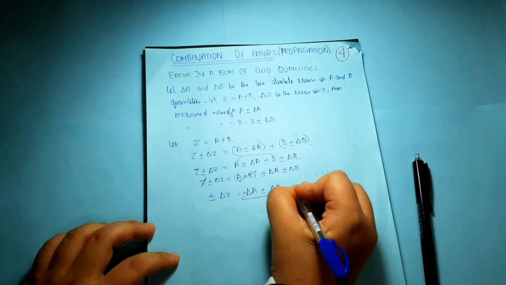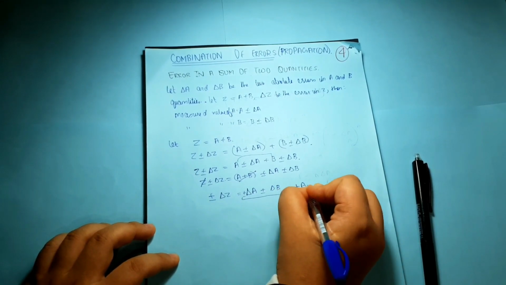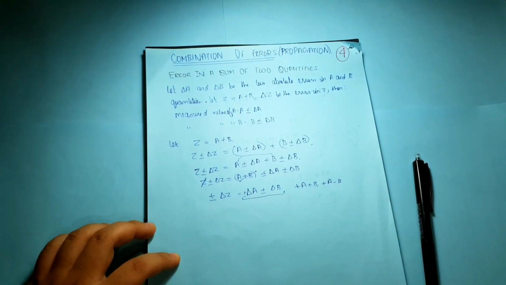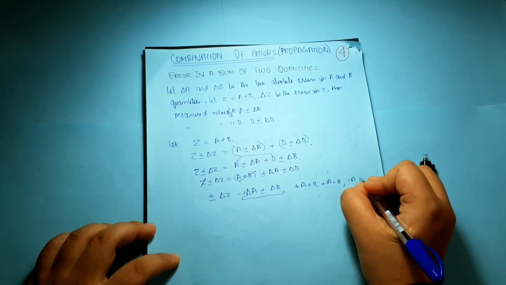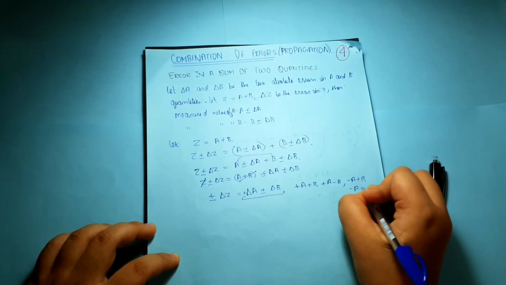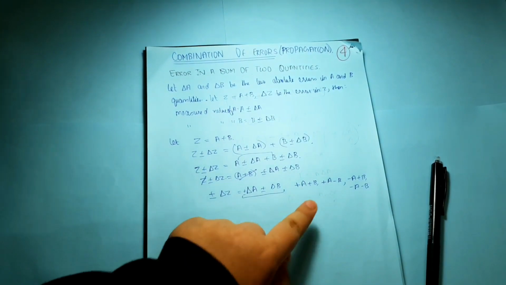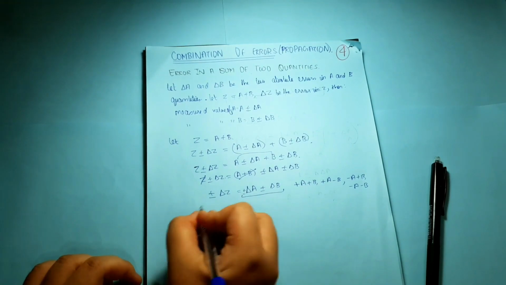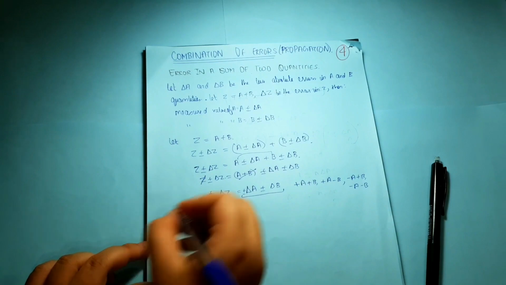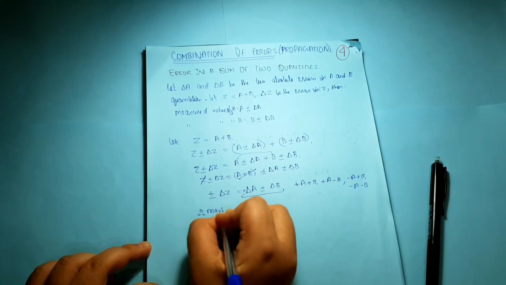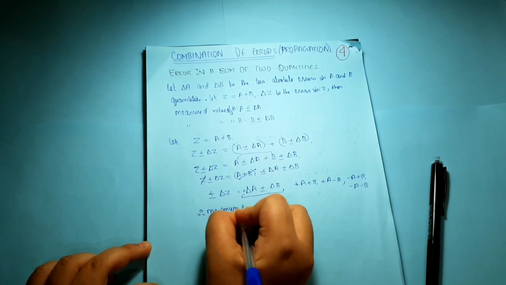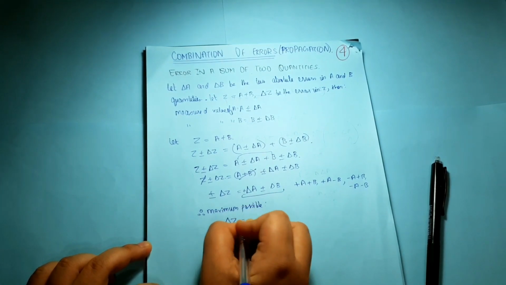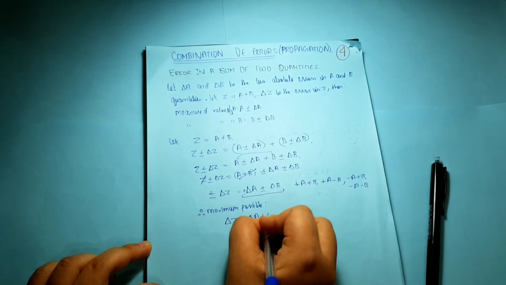You can have plus delta A plus delta B, plus delta A minus delta B, minus delta A plus delta B, and minus delta A minus delta B. But we want the maximum possibility, and that will be when they are all positive. So the maximum possibility is delta Z is equal to delta A plus delta B.